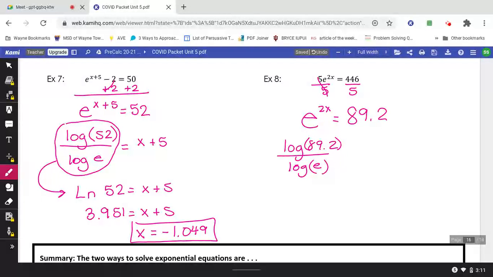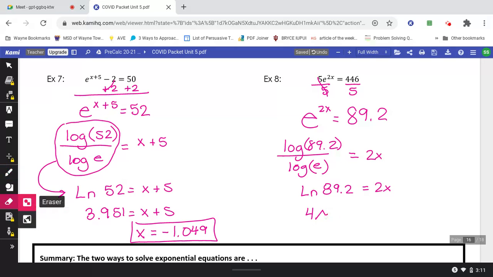Or, remember, you could just write it as the natural log of 89.2. So we type that into our calculator. Natural log of 89.2 is getting me 4.49.